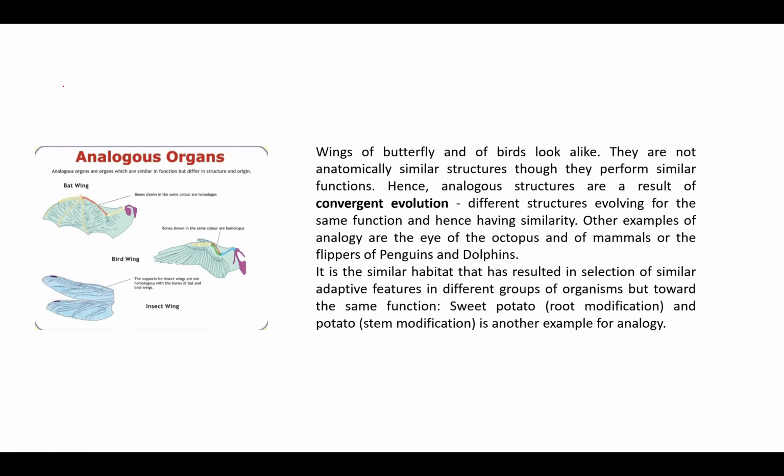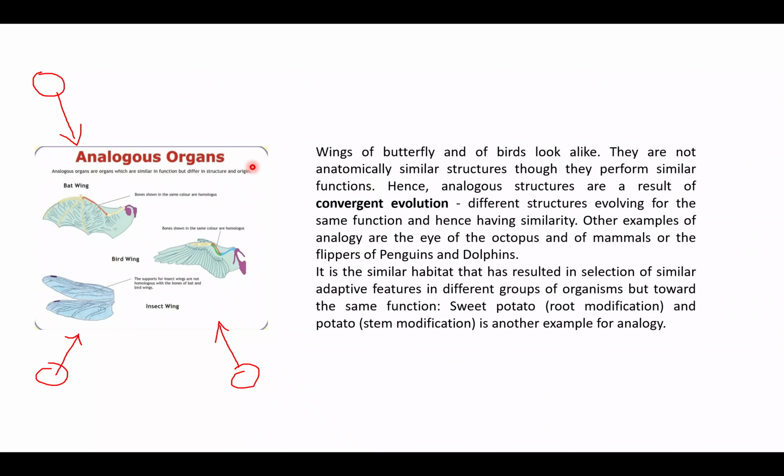For the bat, the bird, and the insect, there might be different ancestors, but based on their need, that is to fly, they originated a similar kind of organ.